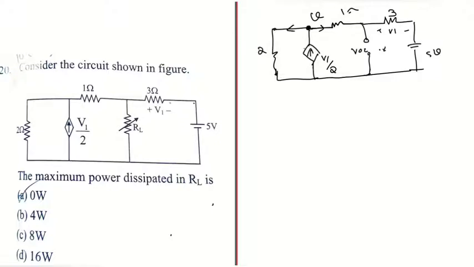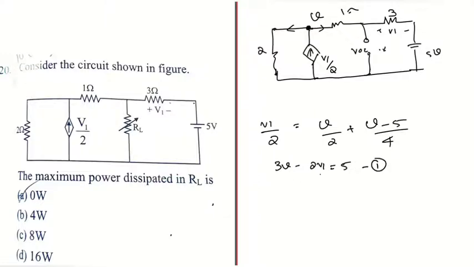So current V1 divided by 2 is flowing towards the junction, and V divided by 2 plus V minus 5 divided by 4. Okay. From here I get the equation 3V minus 2V1 equal to 5.